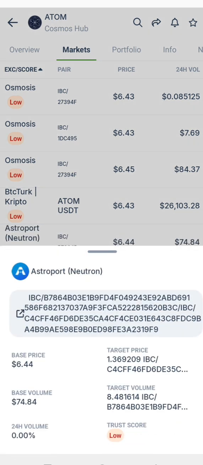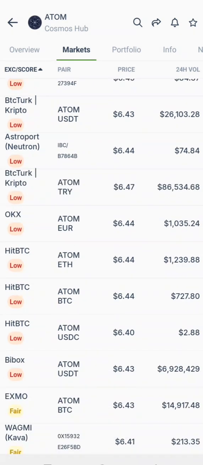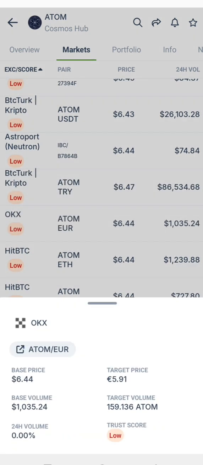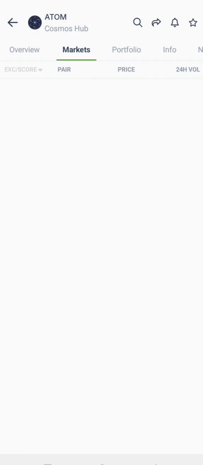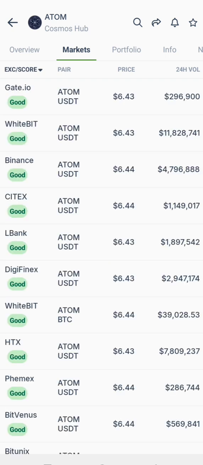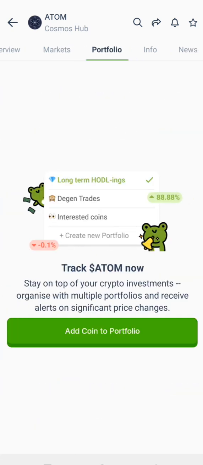See, Astroport is also rating this one low because their base price and target price are very different. Yeah, OKX is also rating this Atom low, meaning many exchanges are rating this Atom low, because OKX is one of the popular exchanges.